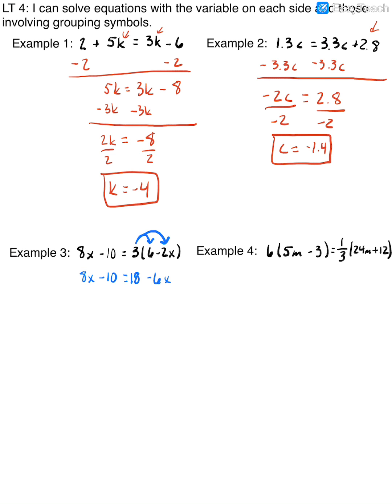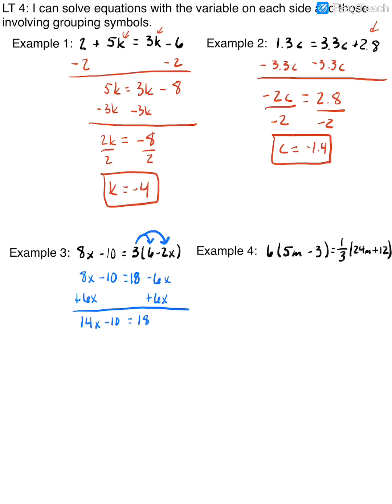So now here, let's say I want to put the x's together first. That just means I'm going to add 6x to both sides. 8x plus 6x gives me 14x. I didn't do anything with the minus 10, so I just bring it down. 18 is still there. Negative 6x plus 6x cancel each other out, leaving you with just 18 on the right.